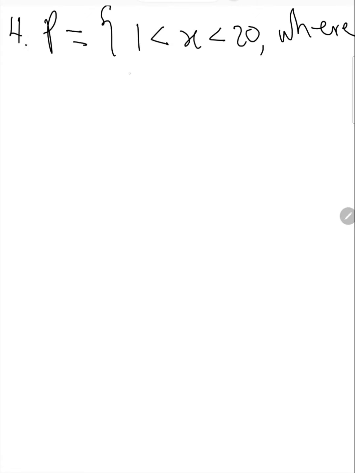Okay, let's look at the next, or the final way of writing this same set. We can also say the set P is equal to x lying between 1 and 20, where x is an even number.